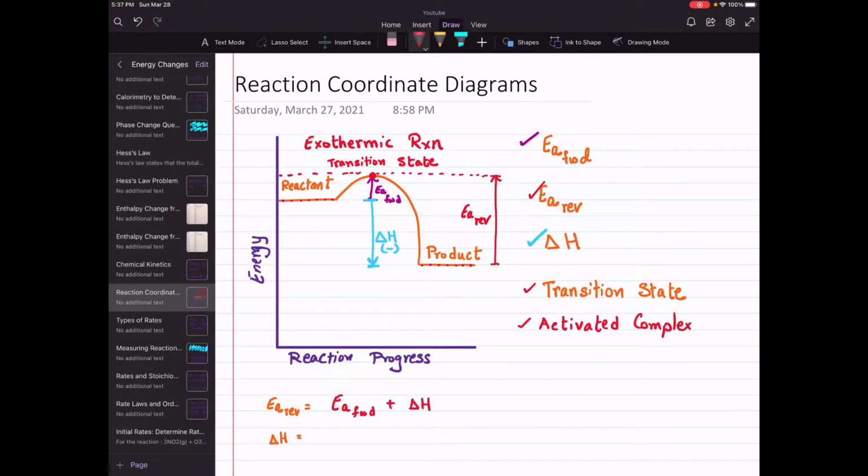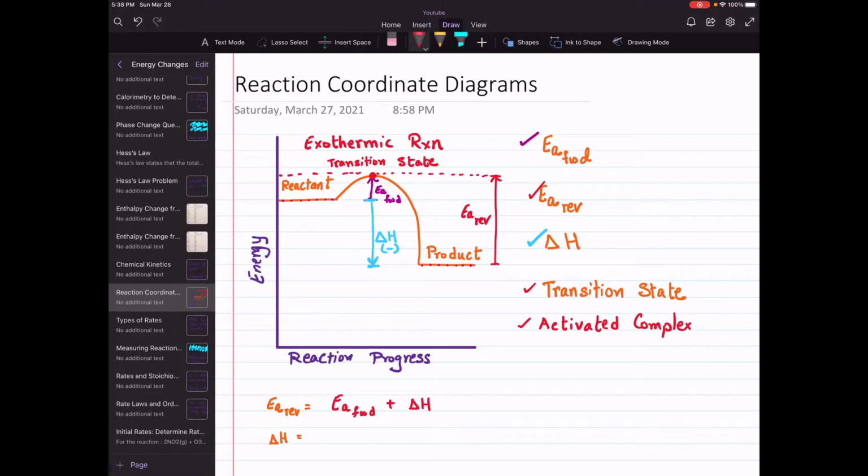Those two energies combined, right? Think of it as we're looking at the absolute values for both. That will be equal to the total amount of energy required to go into activation energy reverse.